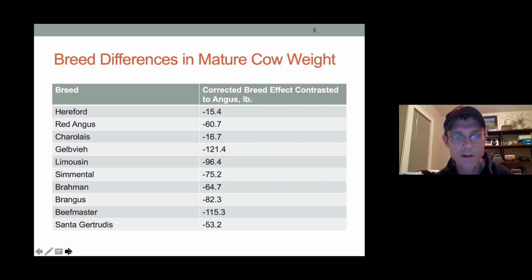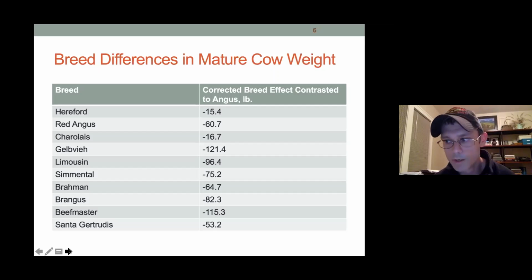And that's a fairly substantial shift compared to, let's say, 20 to 30 years ago, where British breeds, and British being Hereford, Angus, Red Angus, 20 or 30 years ago, those breeds would have been lighter at maturity. And so certainly there's been selection pressure to increase earlier growth, and that's manifested in larger mature weights.